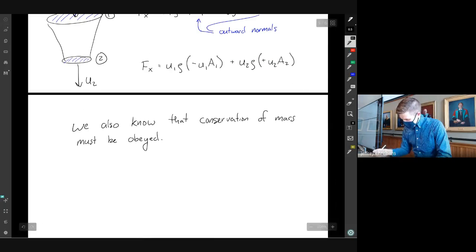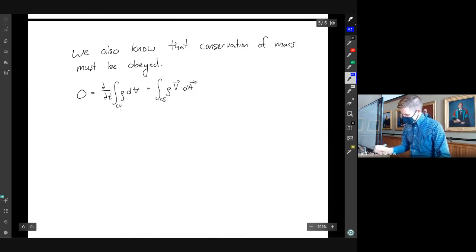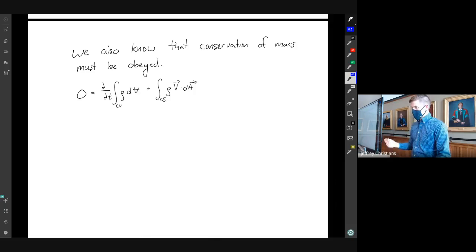So conservation of mass would be 0 equals the derivative with respect to t of the integral of rho dV plus the integral over our control surfaces of rho v dot dA. We're going to simplify this in the same way that we just simplified the linear momentum equation.